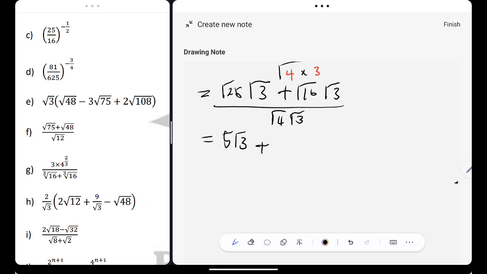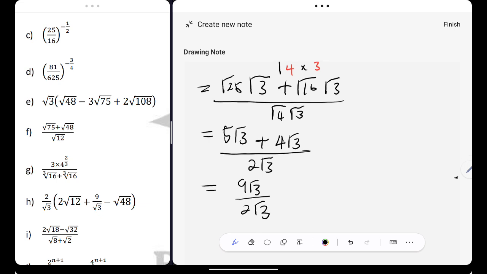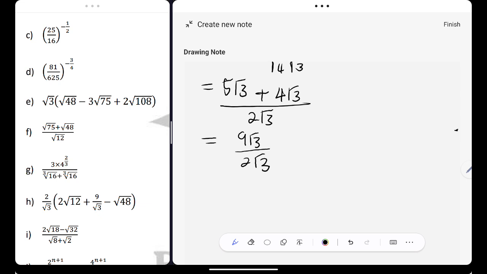And then I still have a root 3 multiplying 5, and then I'll have 4 multiplying root 3 all over 2 multiplying root 3. And then I'll have 4 plus 5, which is 9 root 3 over 2 root 3 all together. Then these two things will cancel one another because they are dividing, and then I'll be left with 9 over 2.